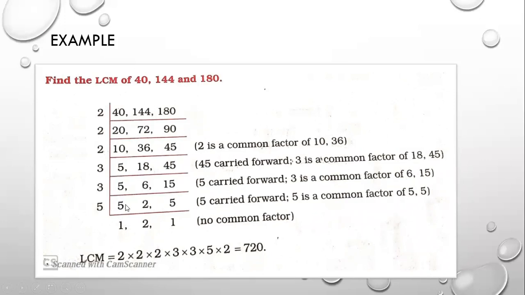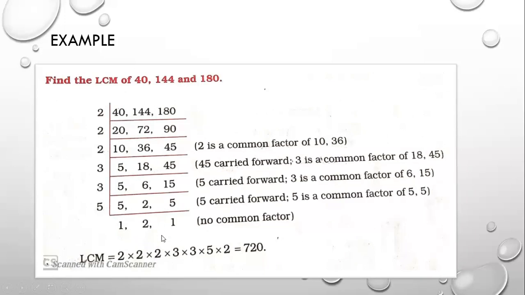Now again 5 will be carried forward, because 5 is a common factor of 5 and 5. Finally you will get 2. Here no common factors are left, so this is the final result. So see what LCM you got: 2 into 2 into 2 into 3 into 3 into 5 into 2.